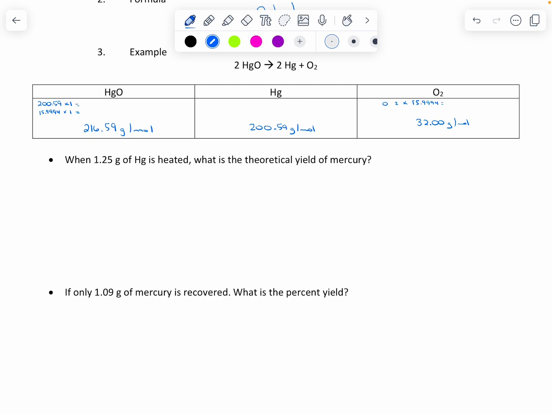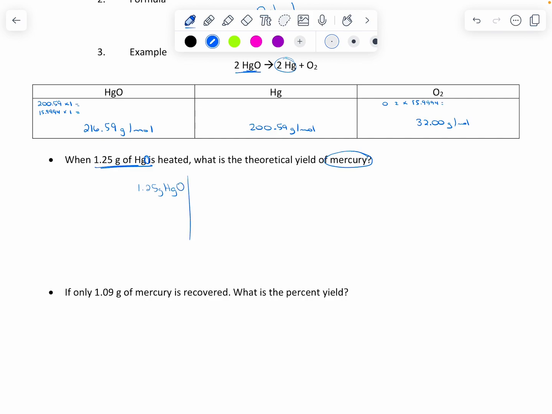It now says, when 1.25 grams of HgO is heated, what is the theoretical yield of mercury? So we know we have HgO and we're looking for mercury. Let's get started. We're going to put 1.25 grams of HgO. This should be HgO, so let's make that HgO. That's a mistake.